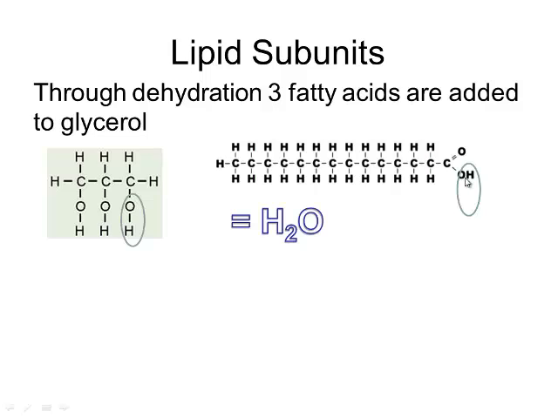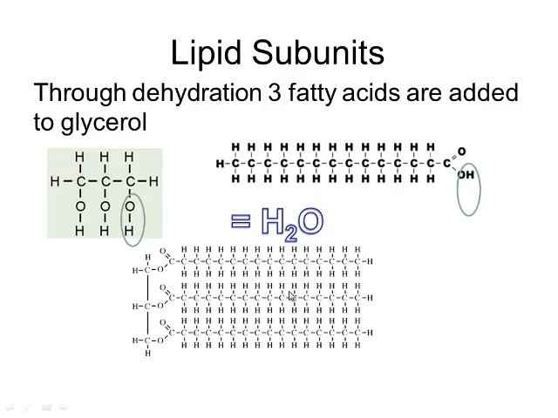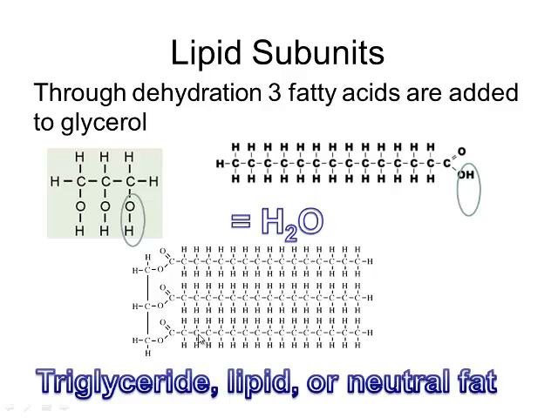And when those come together, it gives off H2O. And when those are given off, it creates certain charges that are going to be attracted and allow these to come together. So when we have 3 of them come together, what it creates is this thing called a triglyceride. We also mention it as a lipid or a neutral fat. So you need 3 fatty acids coming together with the 1 glycerol to make up your fat. Okay?